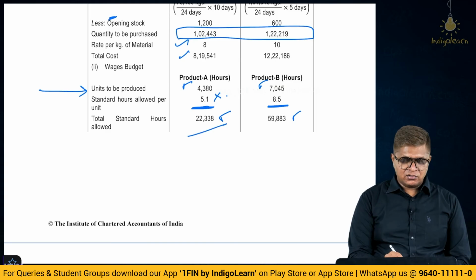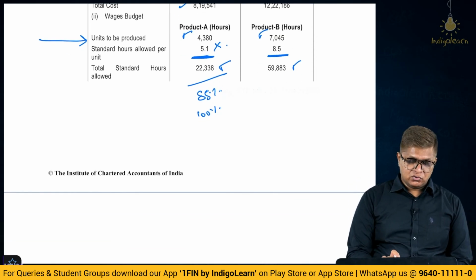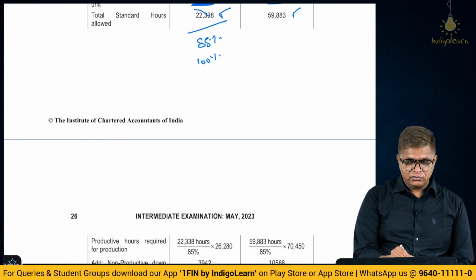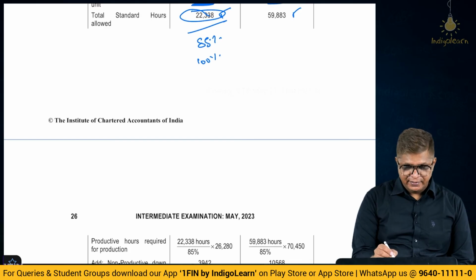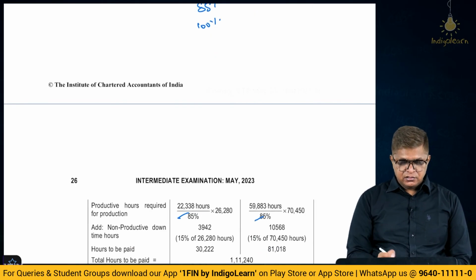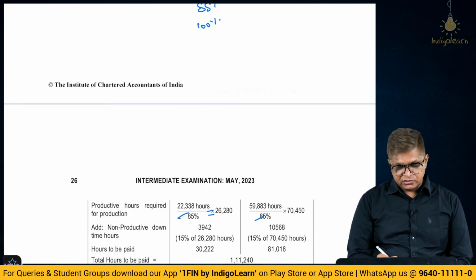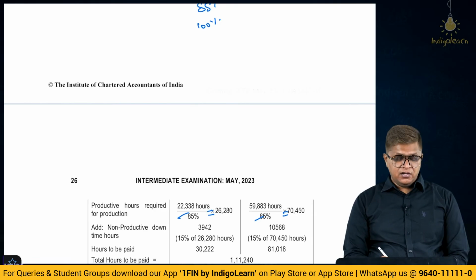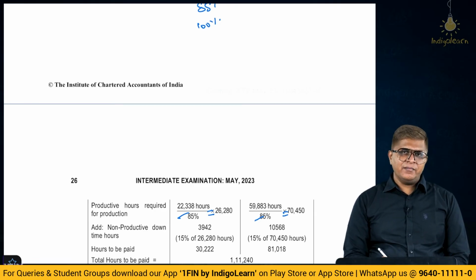So this represents only 85%. We need to find out the 100%. So we will divide the respective hours, 22,338 and 59,883, by 85%. So we get 26,280 hours and 70,450 hours for productive time required.